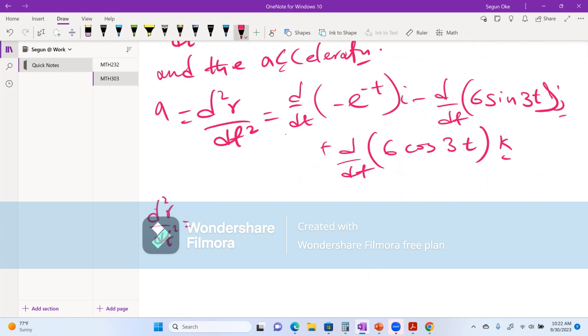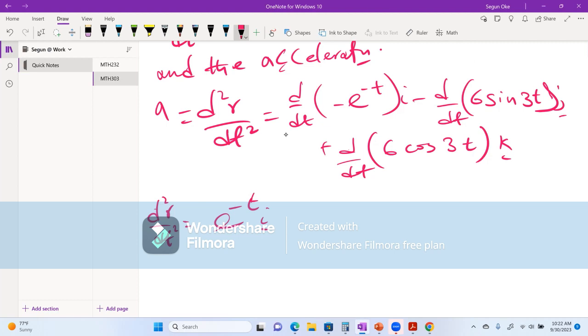You said exponential minus t, I say e raised to the power of minus t i.